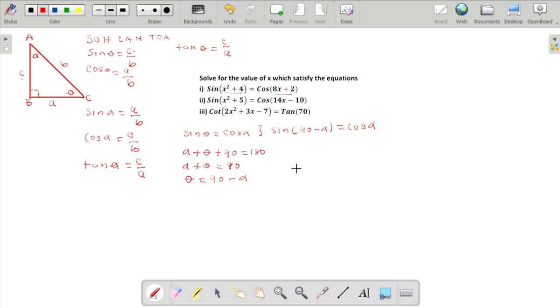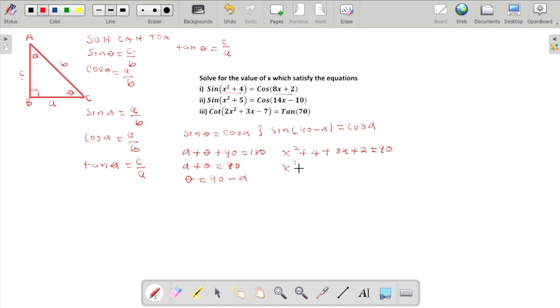So we could say x squared plus 4 plus 8x plus 2 is equivalent to 90. These are the two angles, what is inside this place and what is inside this place is 90 degrees, and it's true.